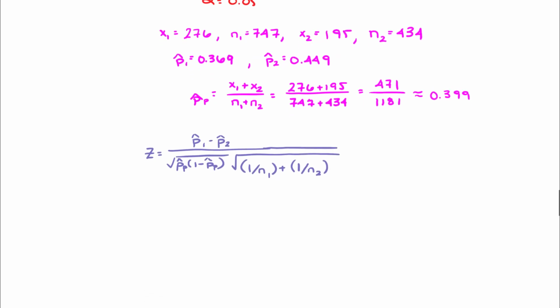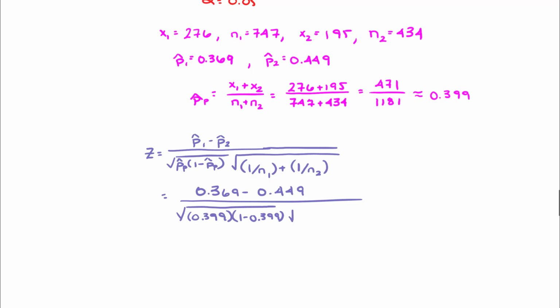And when we substitute in our values, we have 0.369 minus 0.449 over the square root with 0.399, and when we simplify this, we get a z-score of negative 2.71.